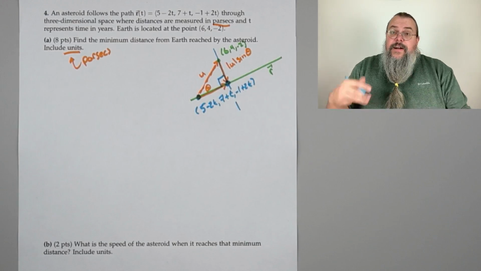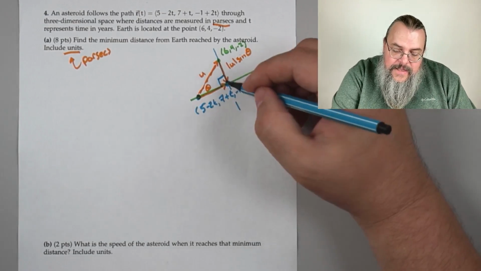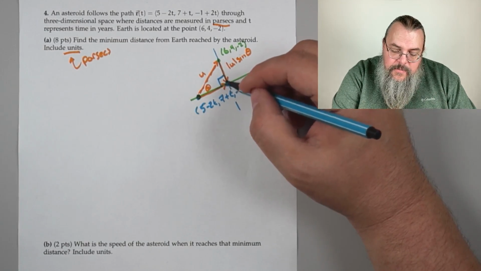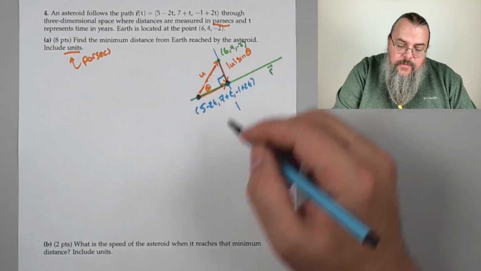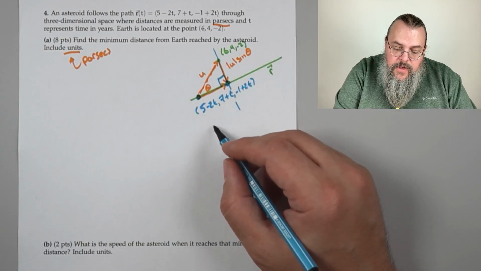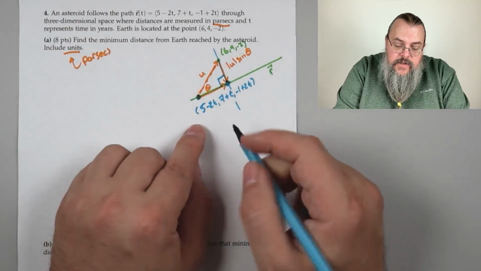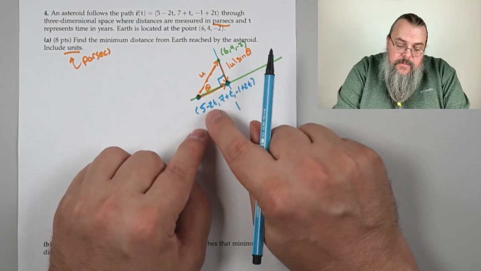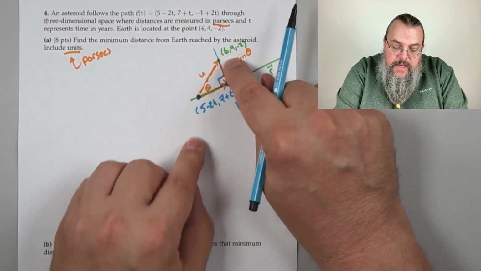So the great aha is if I look at the vector from this point to (6, 4, -2), well, okay, how do you find such a vector? You subtract. So I'm going to take 5 minus 2t, subtract 6.